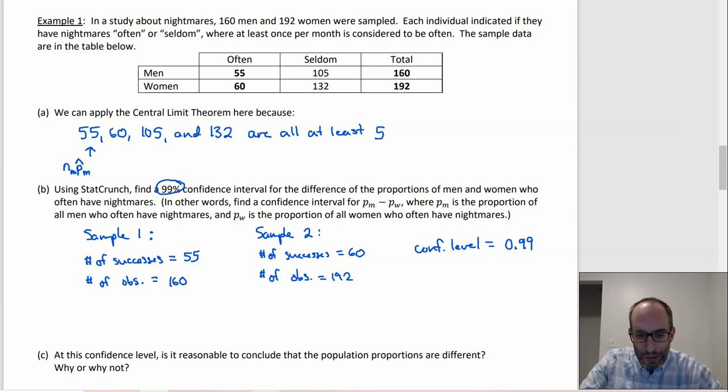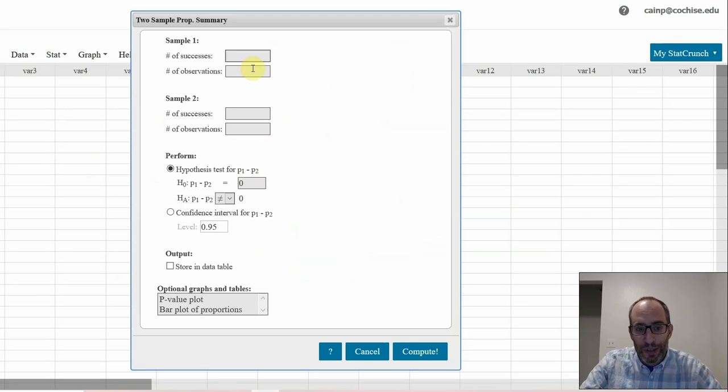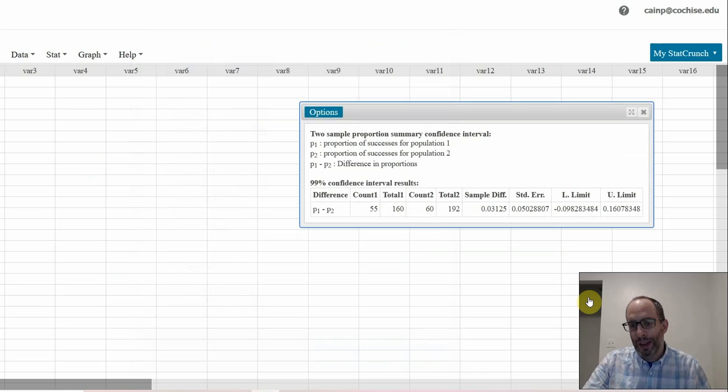So if we go to StatCrunch, then if we're here, so let's see, first sample is 55 over 160, then the next one is 60 over 192, and then we want a confidence interval, and our confidence level should be 0.99, and then compute. And then we get our endpoints out at the very end, right?